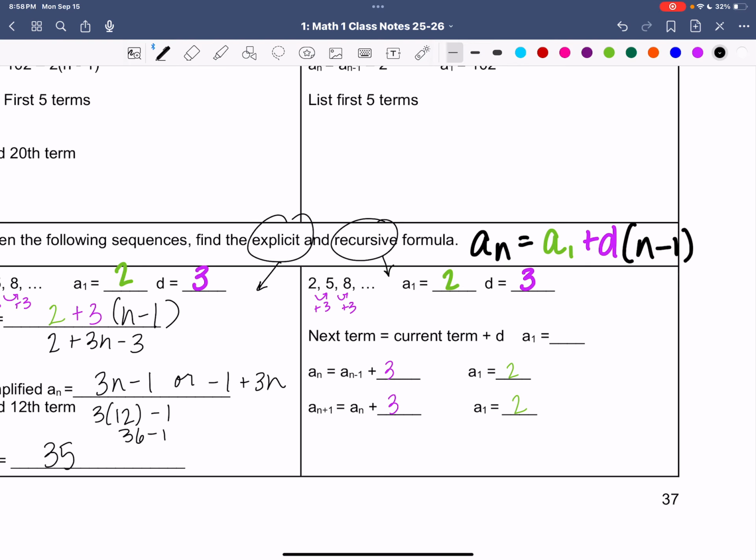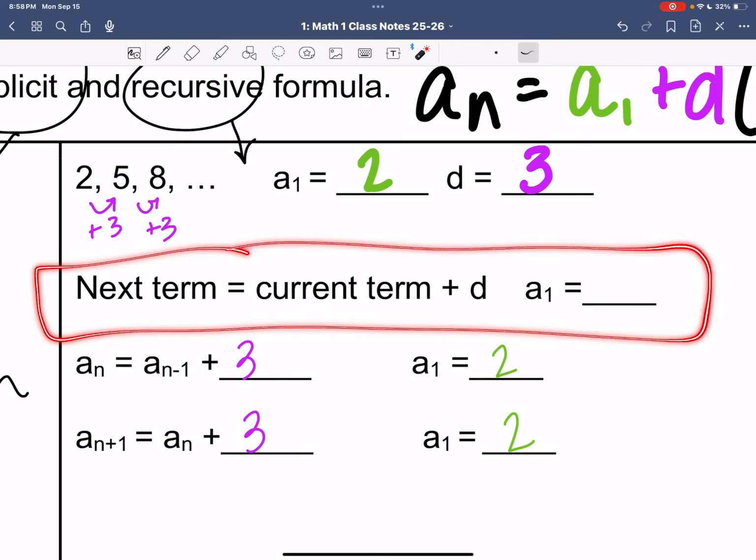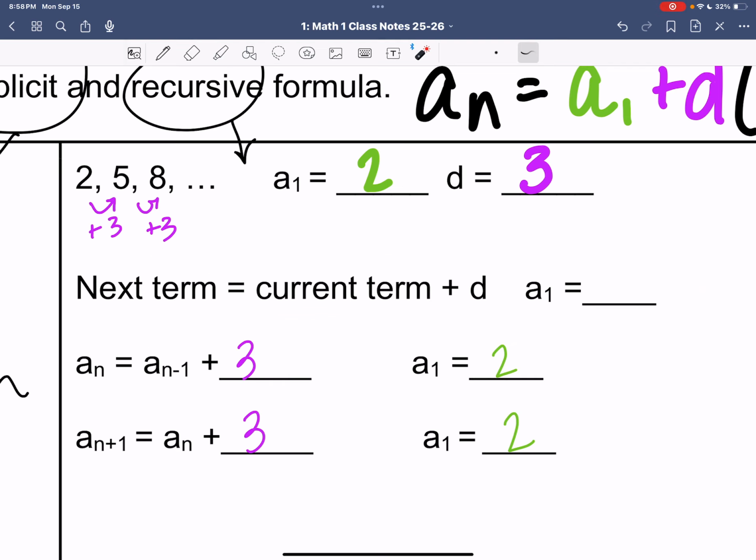So for your recursive, we're still doing the same thing where we're talking about our first term, which is 2, and then we want to know the common difference. So to get from here to here, you're adding 3, so your common difference is here. So your formula is your next term is your current term plus d. So that's really all we're doing here.